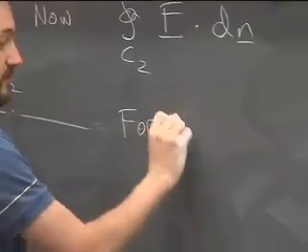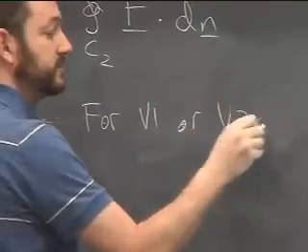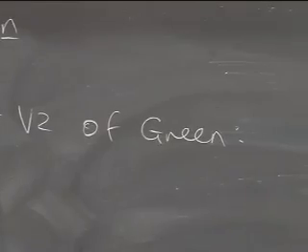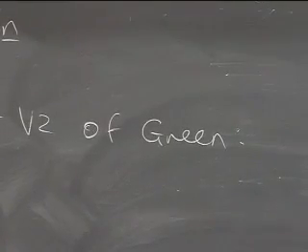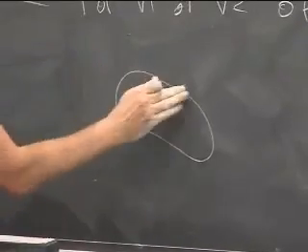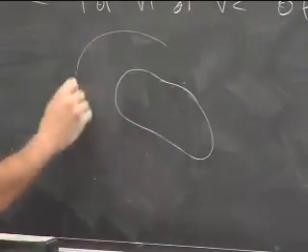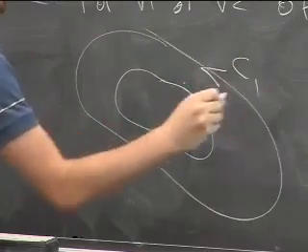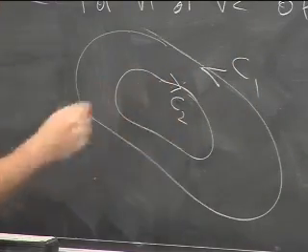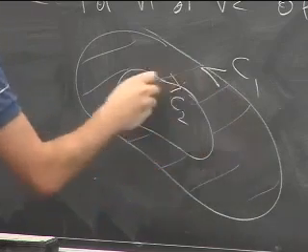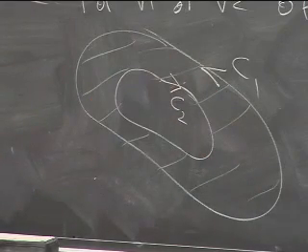Either version, V1 or V2 of Green, we're allowed to have a region that looks like this. And a vector field defined on the boundary here, but not even necessarily in between.